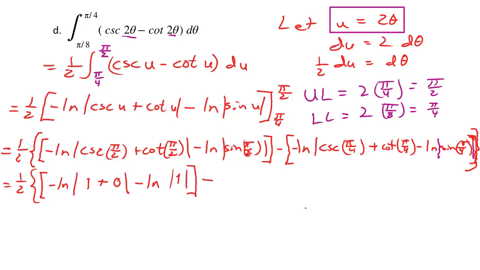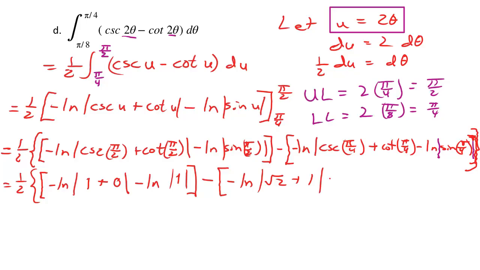Okay. Now we'll go to the other bracket. So don't forget the negative natural log there. Cosecant of pi over 4 is 2 over root 2, which is root 2. And then cotangent of pi over 4 is just 1.